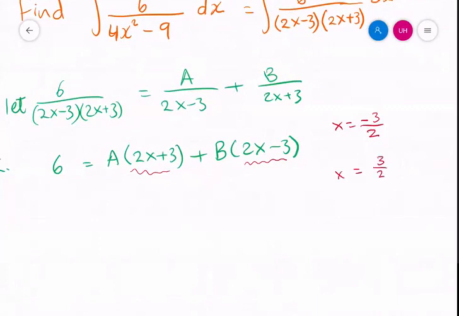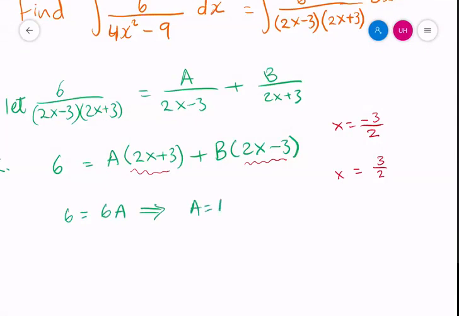So when x is minus 3 over 2, I'm not going to go through the substitution, you can do it yourself. After you work it out, then 6 equals 6a, and therefore a equals 1.